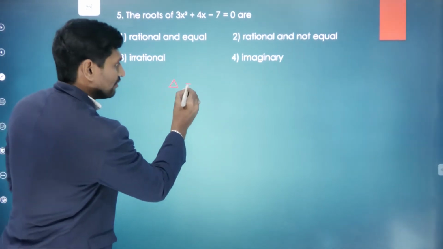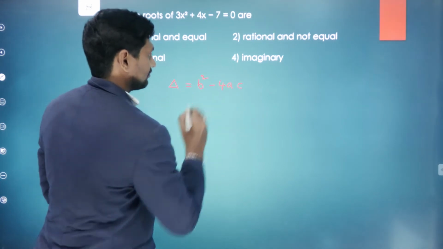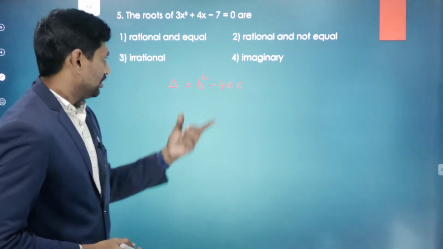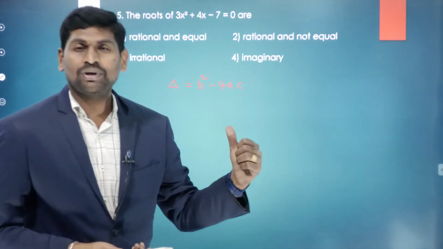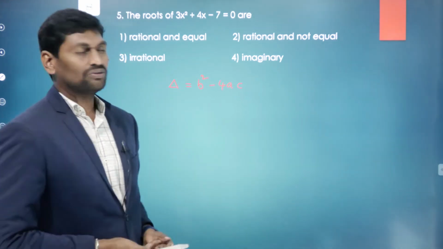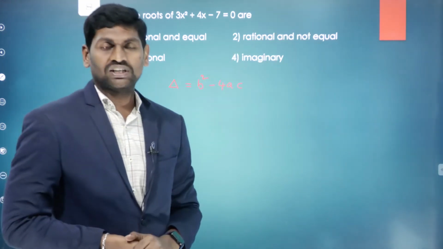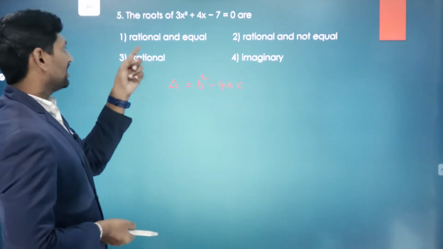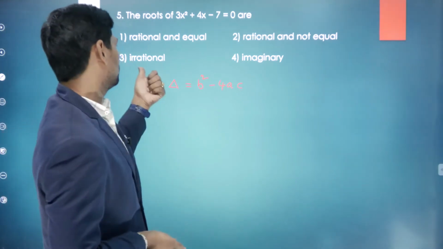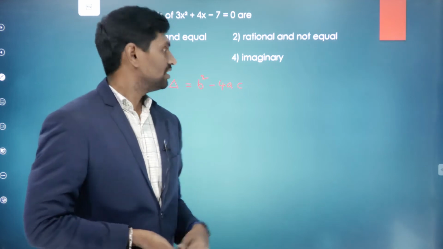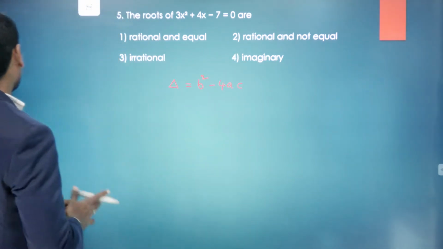So delta equals b square minus 4ac. If the discriminant value is greater than 0, we have to take rational and not equal. Equal to 0, rational and equal. Less than 0, irrational numbers, not imaginary numbers. Okay?